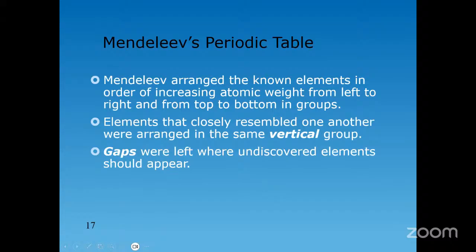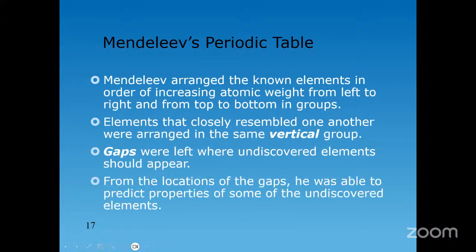One interesting thing about his version of the periodic table was that there were certain gaps in his table, which represented elements that were not yet discovered, right? But based on the position of these gaps, he could make certain predictions about the properties of these elements.